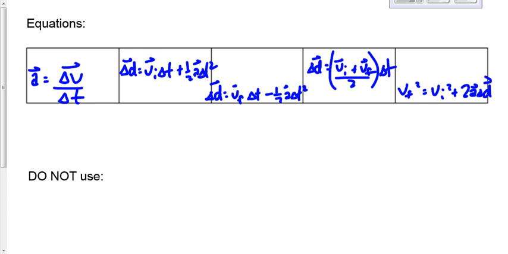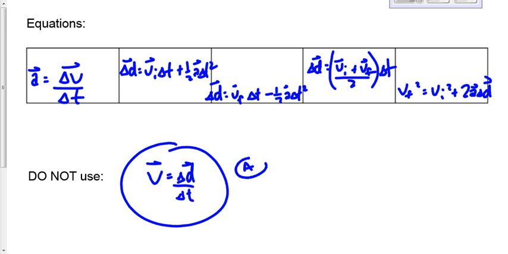That's okay. You just got to remember, and I'll get your question in just a second, Marcos, that v equals delta d over delta t applies when you have constant or average velocity. These equations apply when you have acceleration. We're going to call our v equals delta d over delta t equation our group A equation.